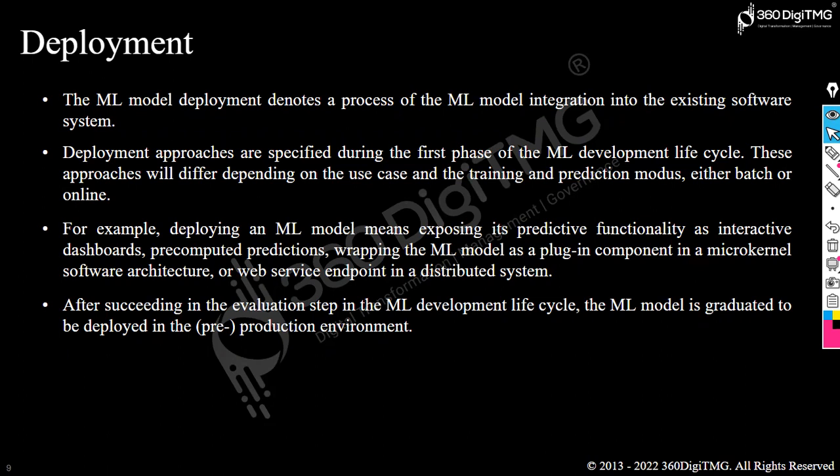prediction of the models. For example, when you are deploying a machine learning model, it is predicting the functionality, and the model is used with the web service distributed system so that it will be suitably fitted.